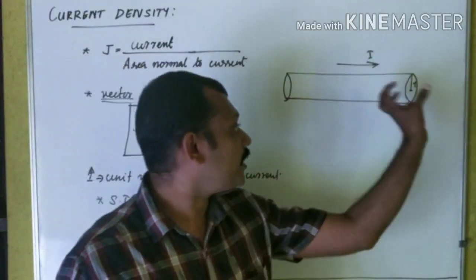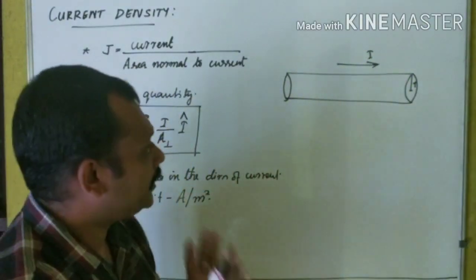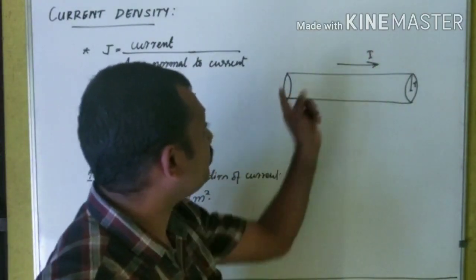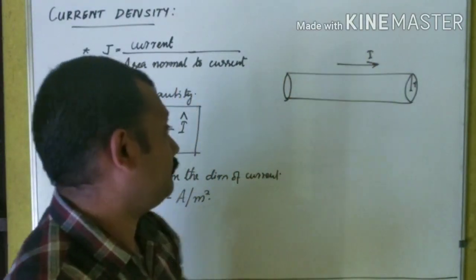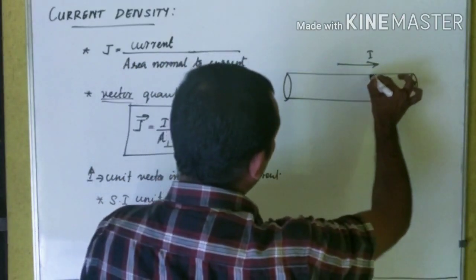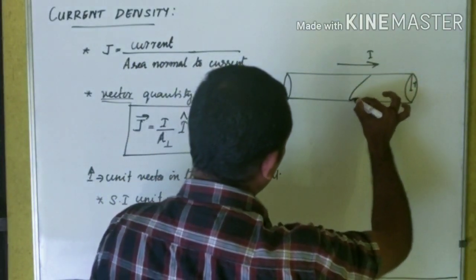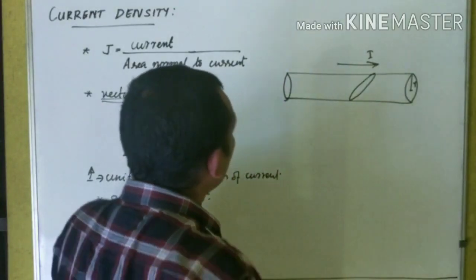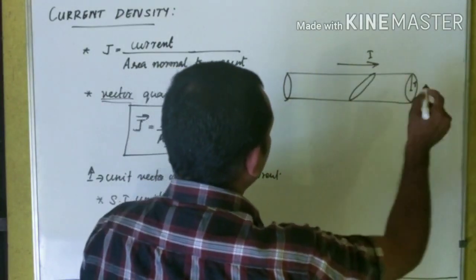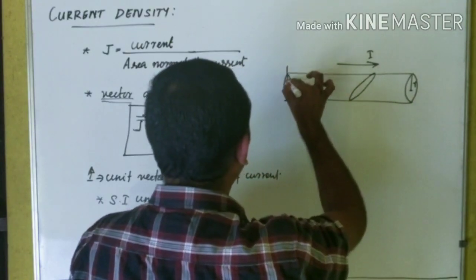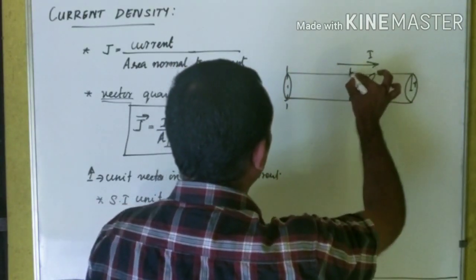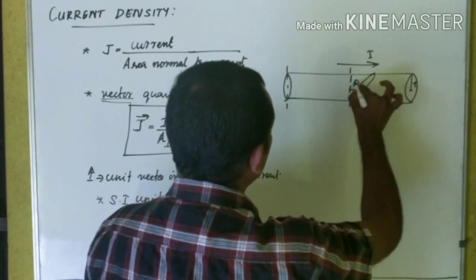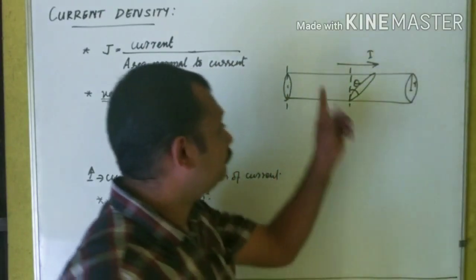Let me take a cross section, which makes an angle theta with the perpendicular.